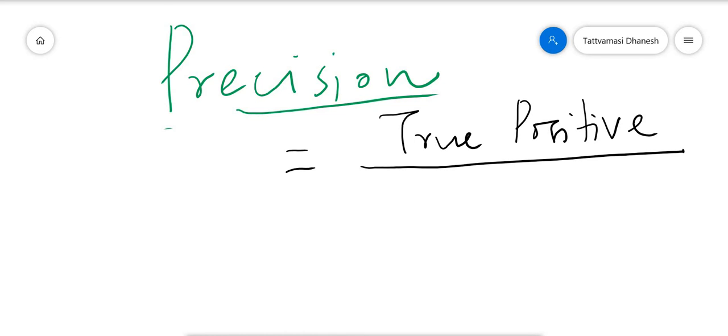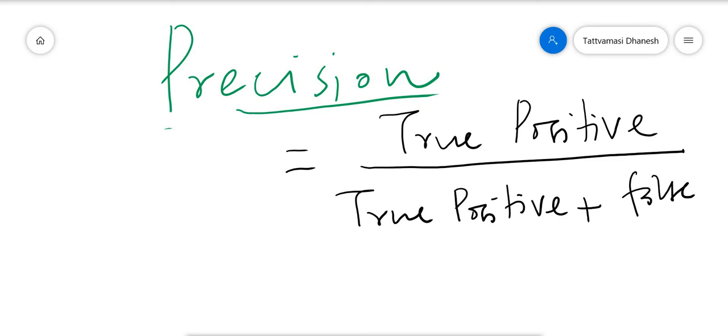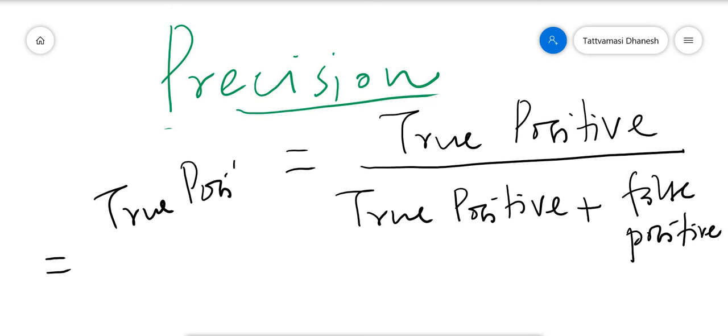True positive divided by true positive plus false positive. This is the formula for precision. Or you can write it as true positive divided by true positive plus false positive, which is the actual result.